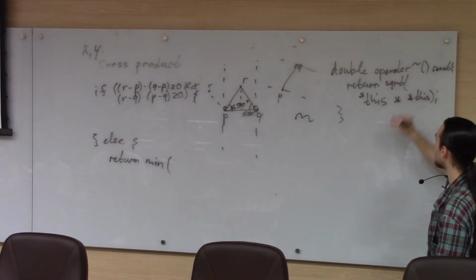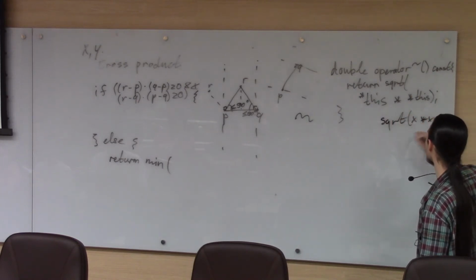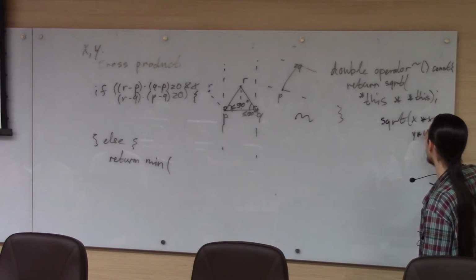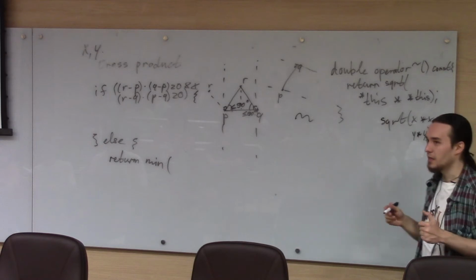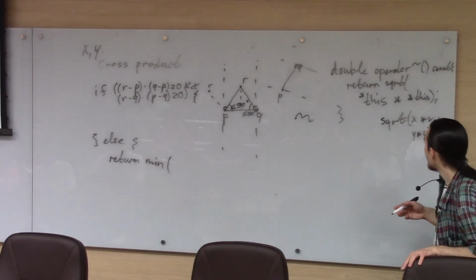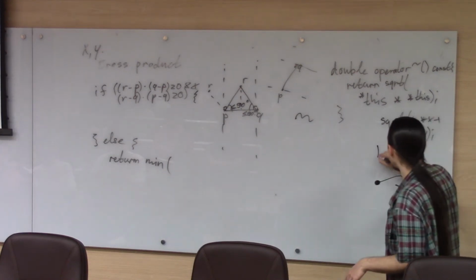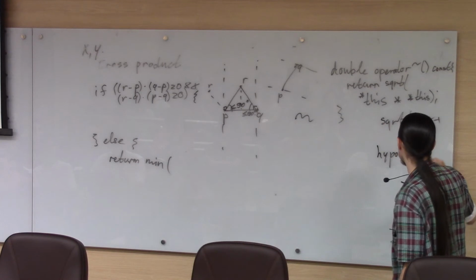Or you may want to just write square root of x times x plus y times y. Or you can use another nice function, which is actually slightly better. It's called hypot, and it just takes x and y.